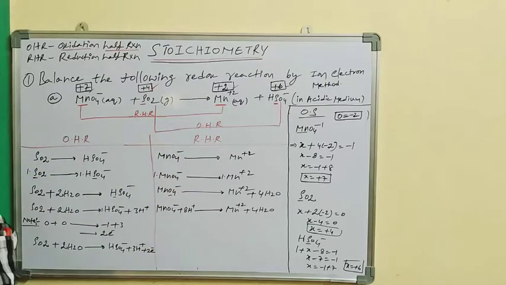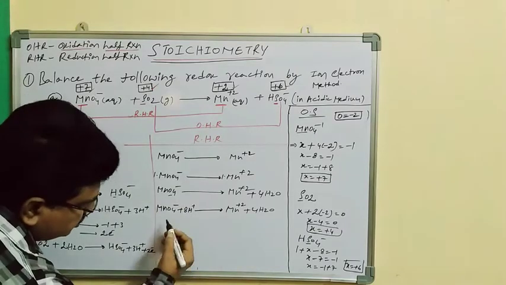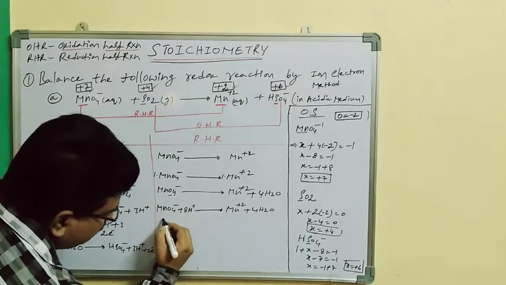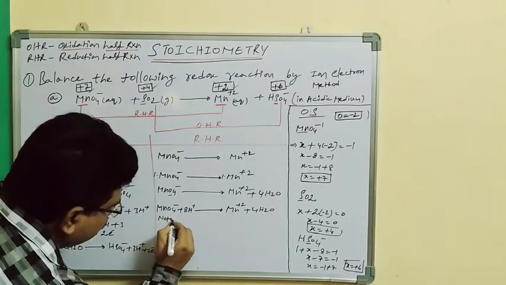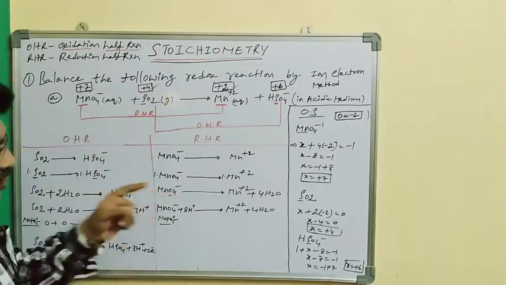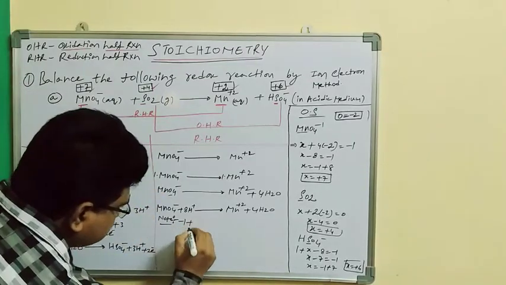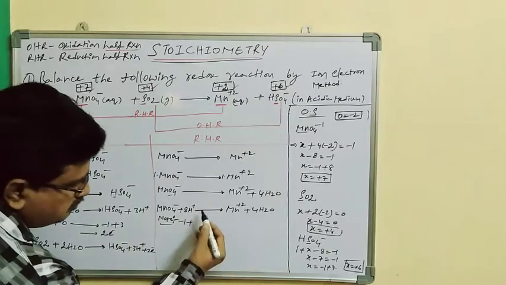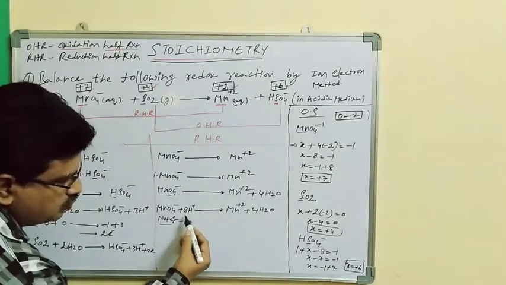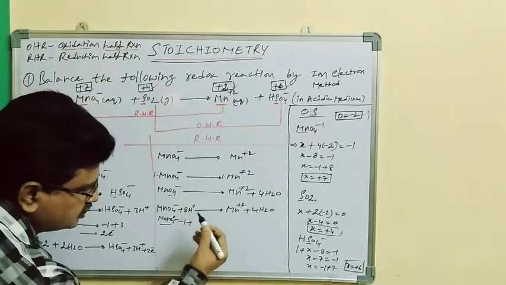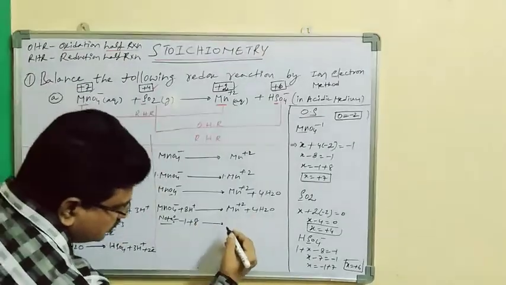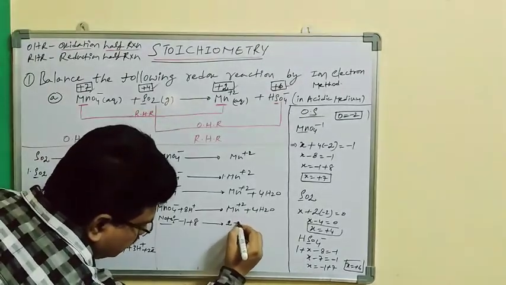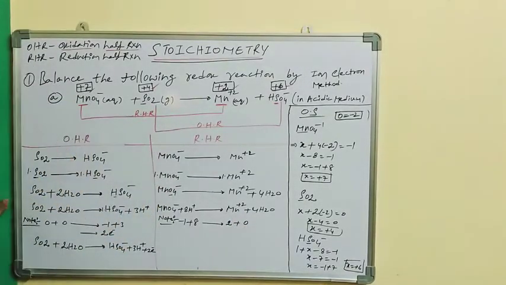In the reduction half reaction I am using the same method. Here charge, 1 mole is there, 1 into minus 1. Note this one. So 1 into minus 1, charge minus 1. How many moles of hydrogens? 8 into 1 is 8. Here 1 mole is there, 1 into plus 2, 2. Here no charge, taken as 0.